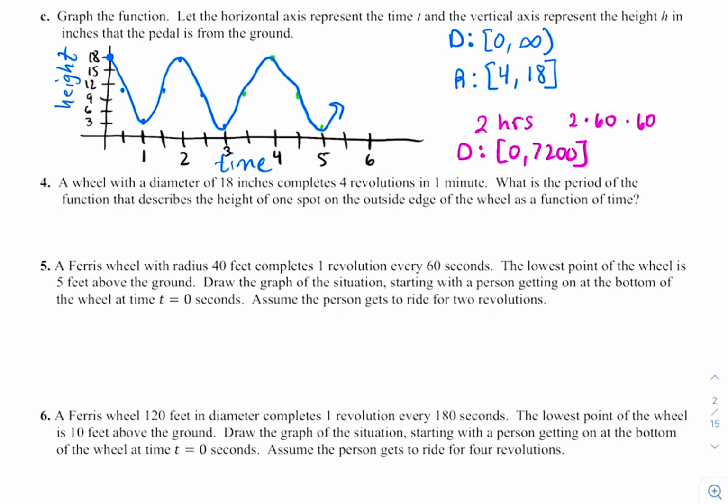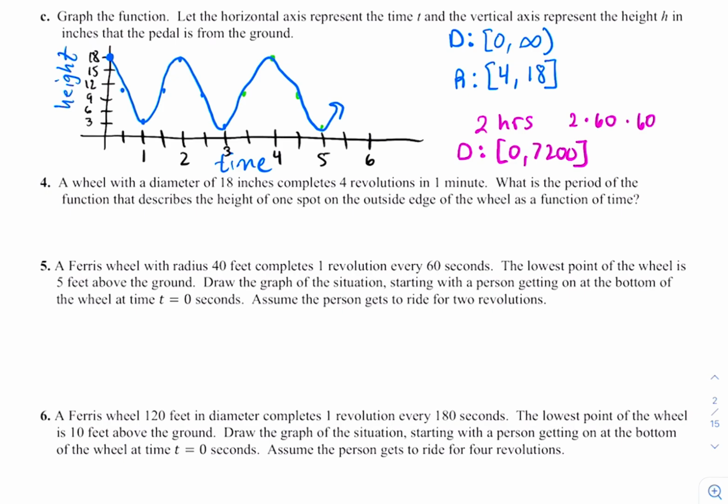Now for this question, it's not asking us to graph this time, it's just asking us what the period is of this function. So it's important that we can kind of pull out the important pieces and then ignore the extra information.